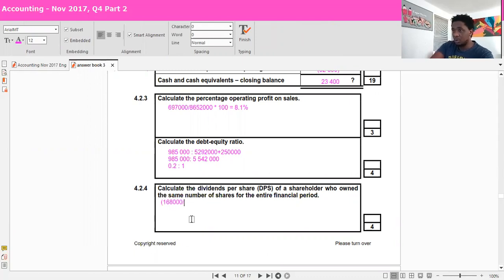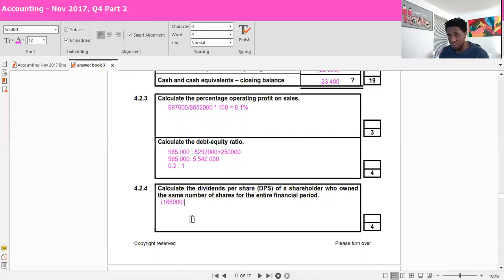So we take the shareholders' dividends amount, 168,000, and divide by the number of shares that have been issued. This is for someone who has owned the same number of shares for the whole year. If I'm a shareholder and the company has 95 shares in issue, and I own all of them, then when the business pays a dividend of 10,000, all of it comes to me.